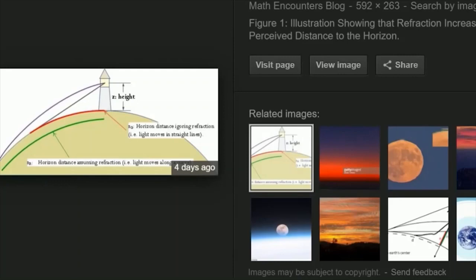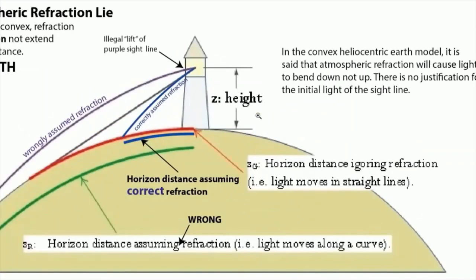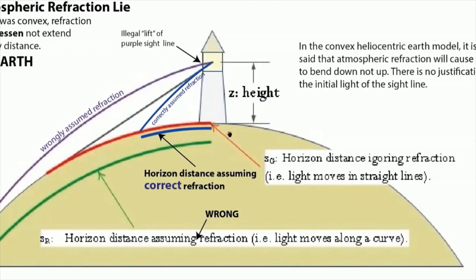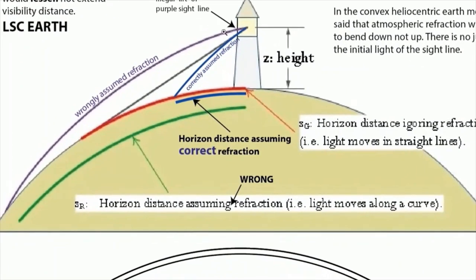So I brought this image into Illustrator and added a few corrections to it, because what they'll tell you is that this purple line here is what they will consider the refraction line, and so this green line is in accord with that purple line, with them explaining to you that that's the longer distance to the horizon you will see due to refraction.